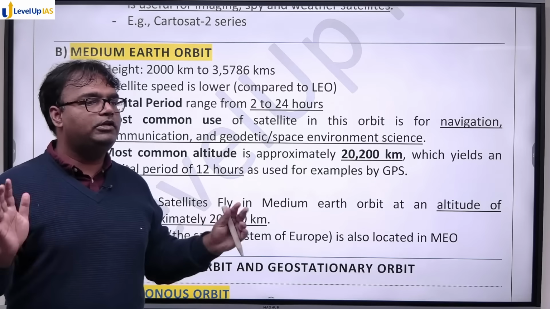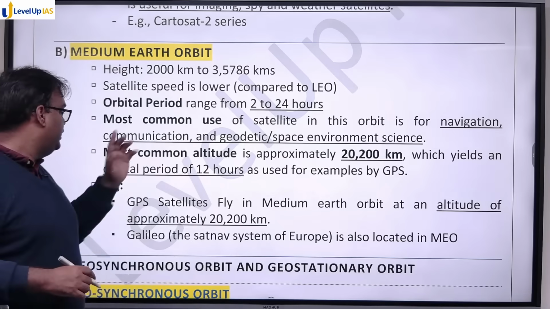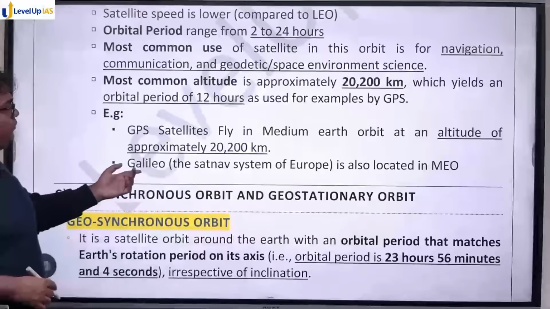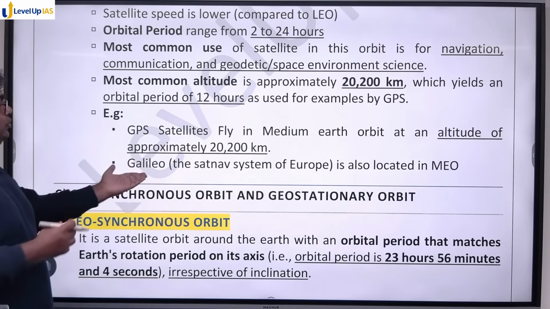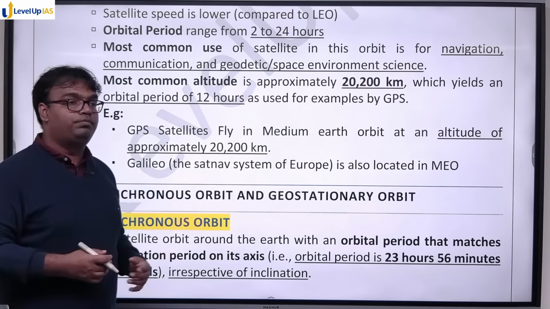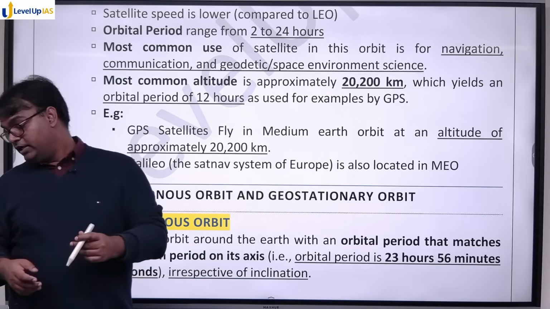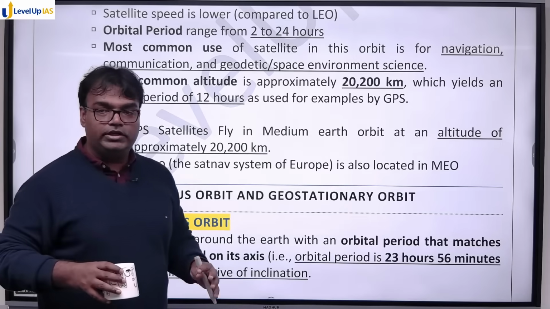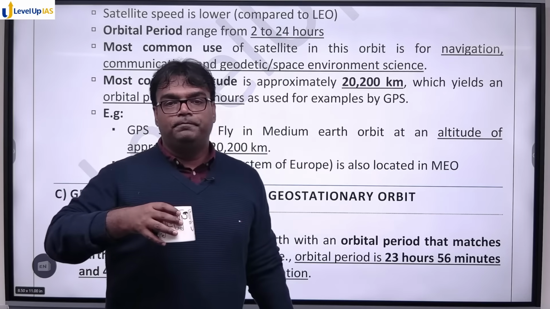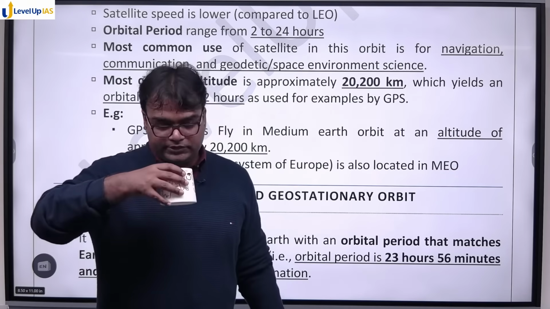It may vary, but they are generally put here. GPS satellites fly in medium Earth orbit at an altitude of 20,200 kilometers. Galileo, the satellite navigation system of Europe, is also located at a height of 20,000 kilometers in medium Earth orbit. So generally in medium Earth orbit, what do we put? Navigation satellites.